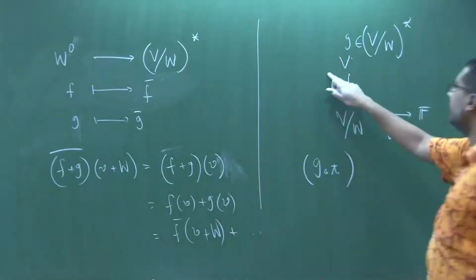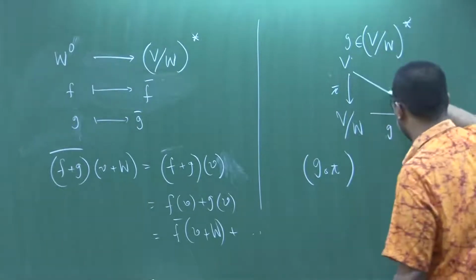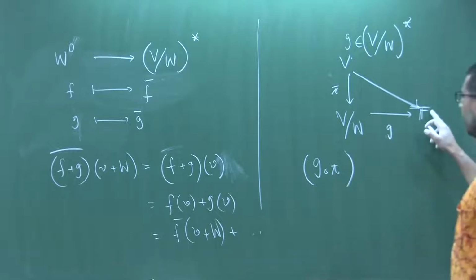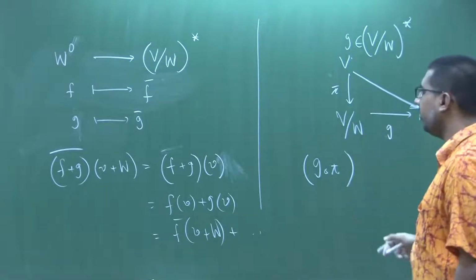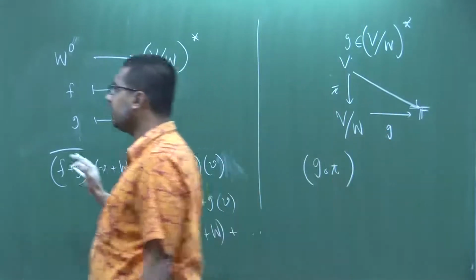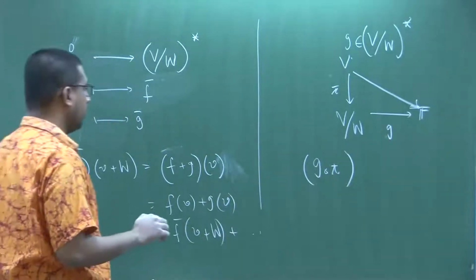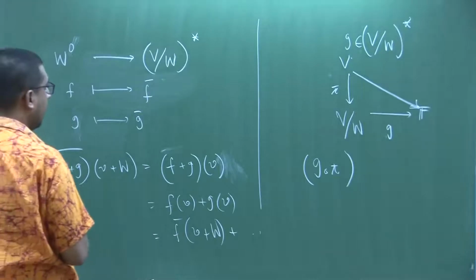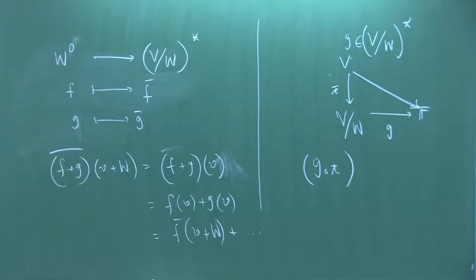This is linear, this is linear, so g compose pi will be a linear functional on V. We have to make sure two things. I will do it step by step.